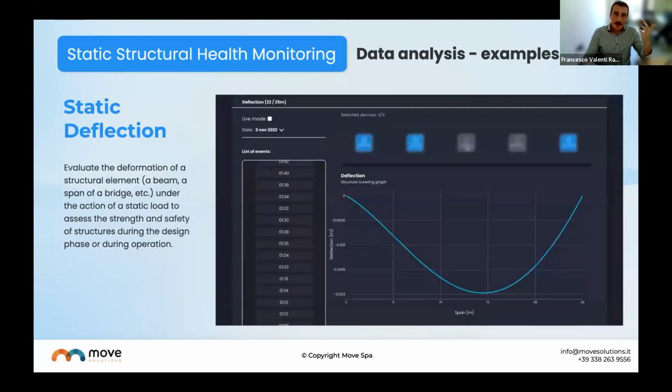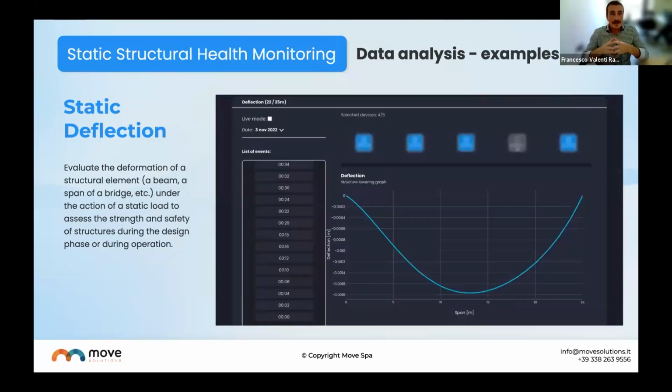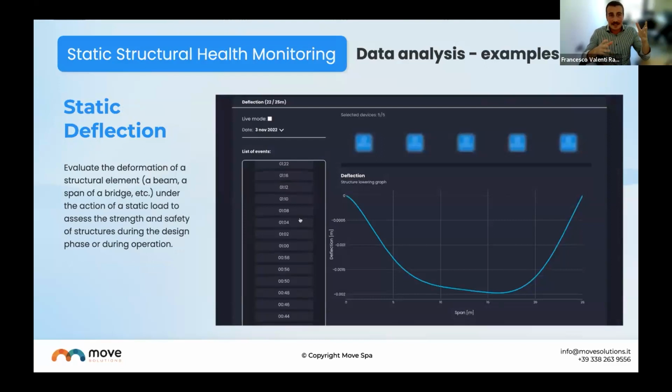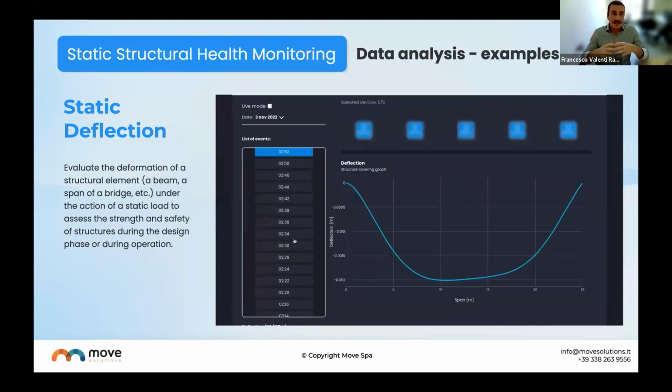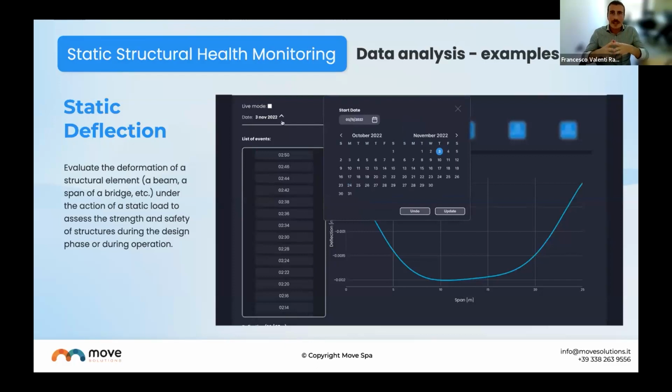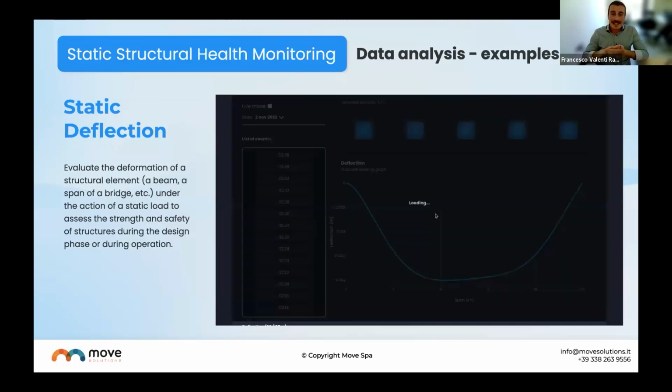And then, to conclude the examples of data analysis and data tools, we have the static deflection tool that allows you to evaluate the deformation of a structural element, for example a beam or maybe the span of a bridge under the action of a static load.